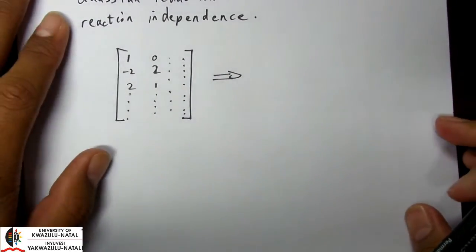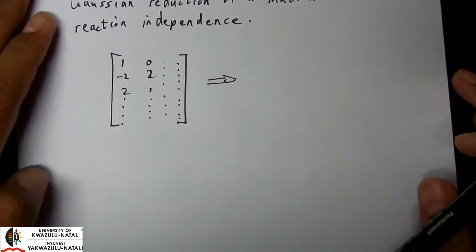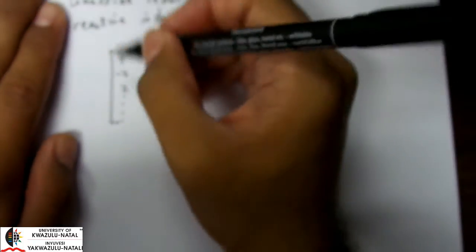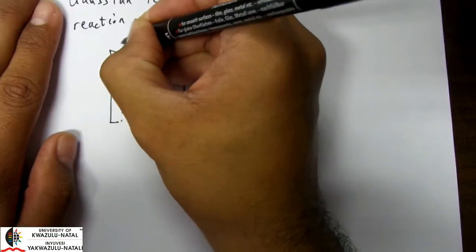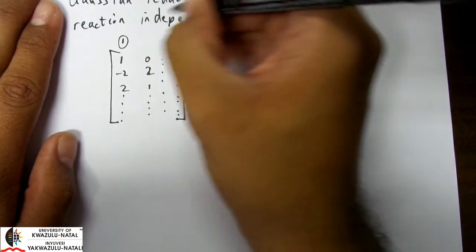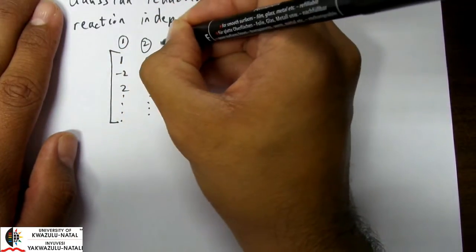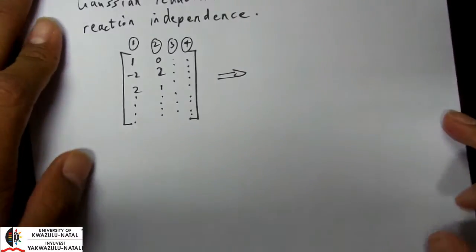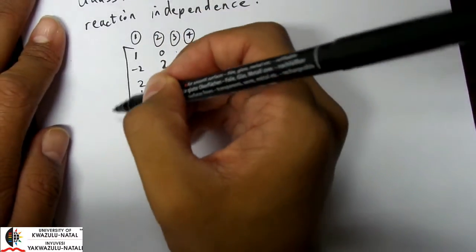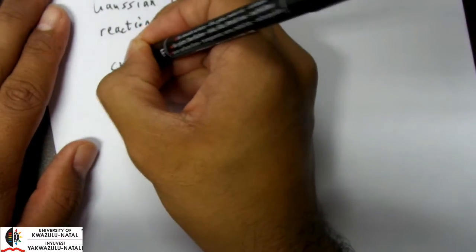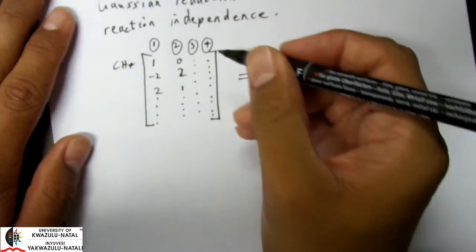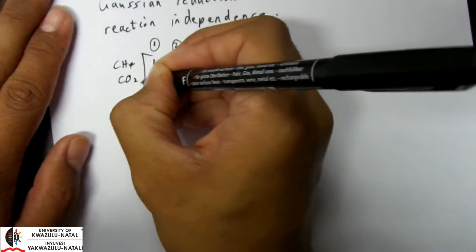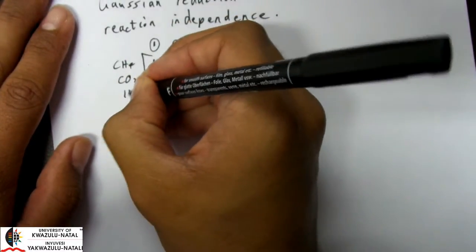Okay, and in the case of reactions, we can let our reactions be numbered. So let's say I have reaction 1, reaction 2, reaction 3 and reaction 4, and I list my species here. Okay, I'm just taking some random species here, I'm not looking at any particular reaction set.